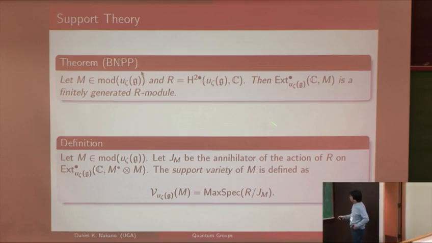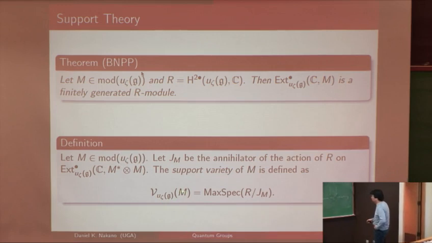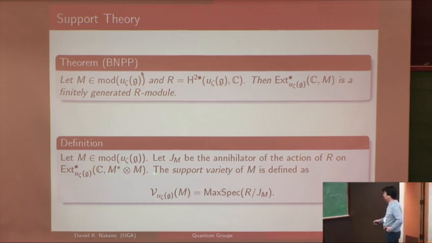The content of this theorem says that Ext becomes a finitely generated module over R. Once you have that, if you take a module M, you can take its dual, tensor by M, and look at its extensions.